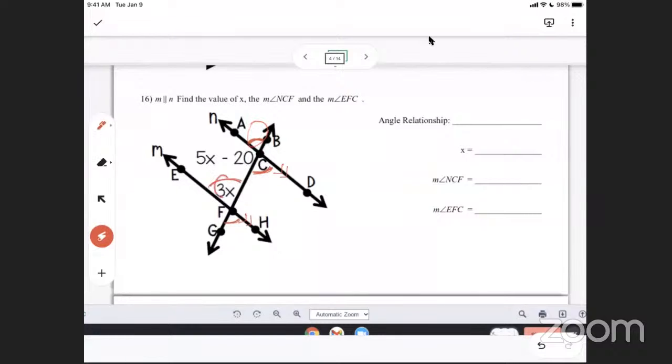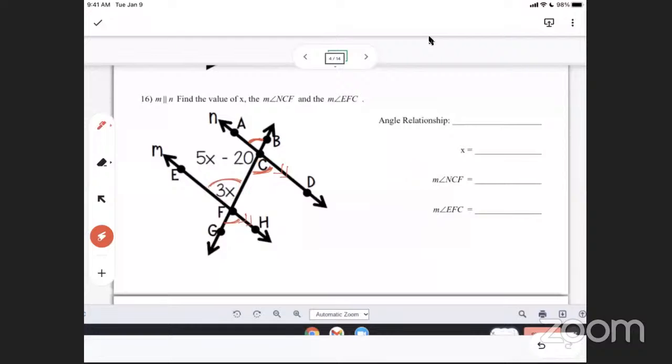Because this and this are called what? What's the relationship between this and this? Are they corresponding? Yep, these are corresponding. What's the relationship between this and this, 5x minus 20 and 3x? Are they opposite side interiors?